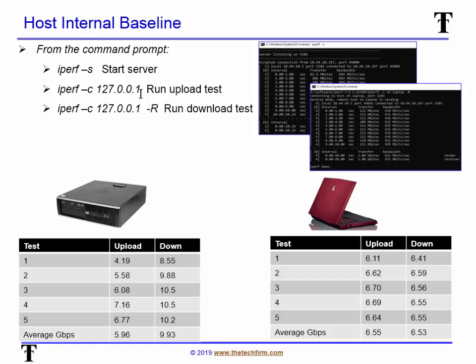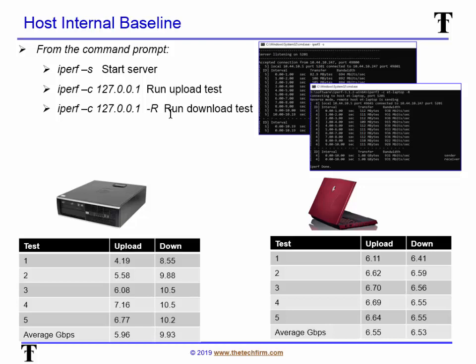So after you finish that, you can do an iperf -c 127.0.0.1 and then -R, uppercase R. That's not a typo. It's a capital R. And that'll run a download test. You want to run both, right? So no matter what test you do, if you're copying to a web server, an SMB server, any kind of server, if you can ever write to that server, you want to test writing or uploading as well as reading or downloading.